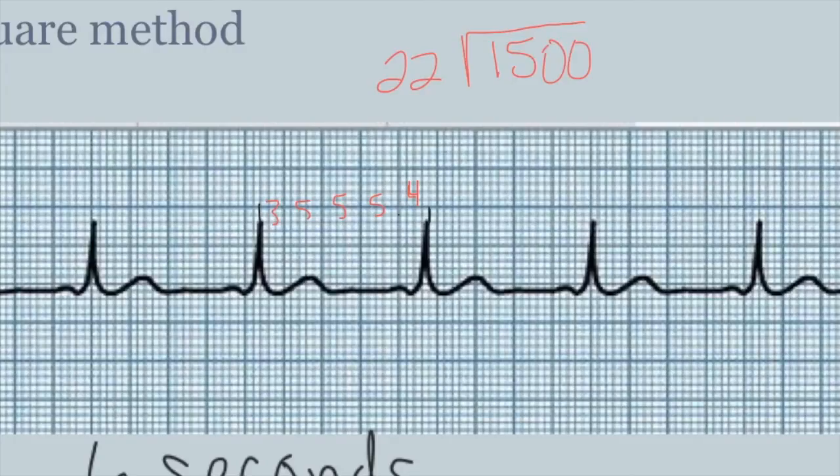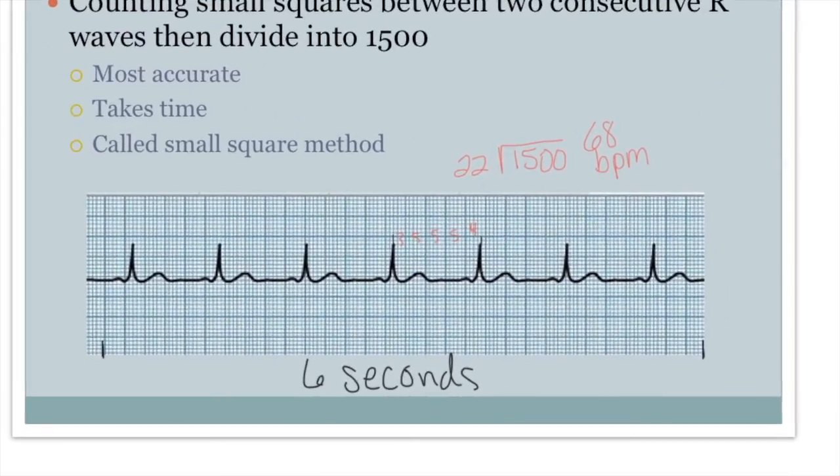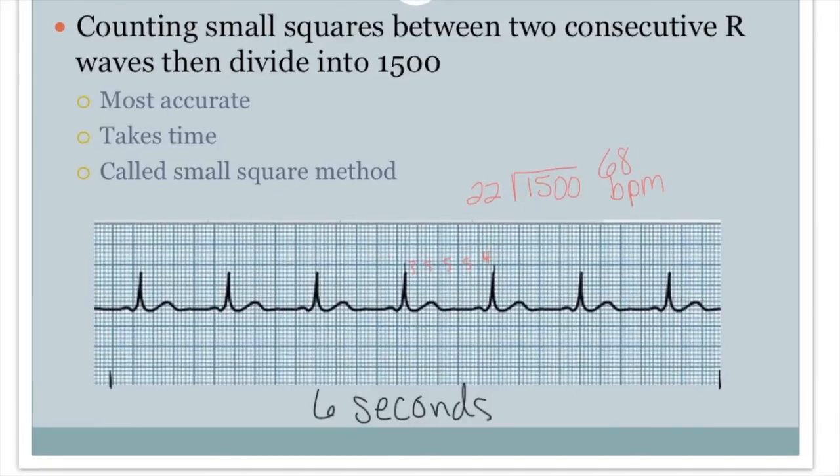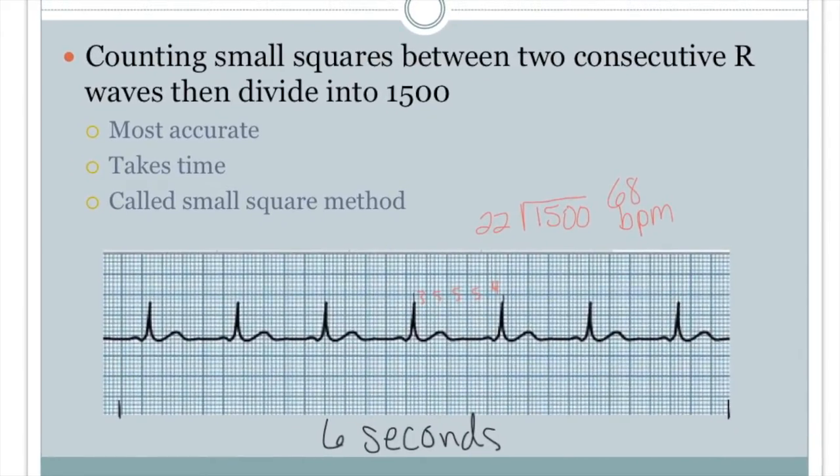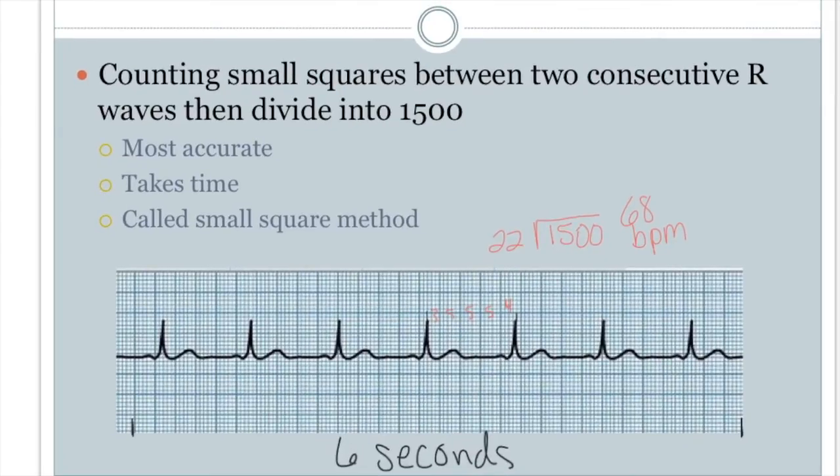And we have 68 beats per minute. So that is the heart rate using the small square method on this particular rhythm strip. And I would encourage each of you to practice using these different rate calculations in your basic arrhythmias textbook.